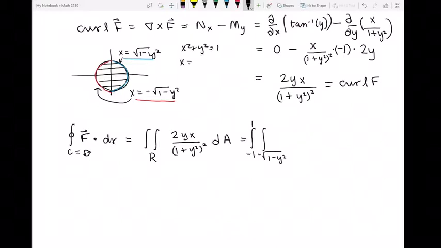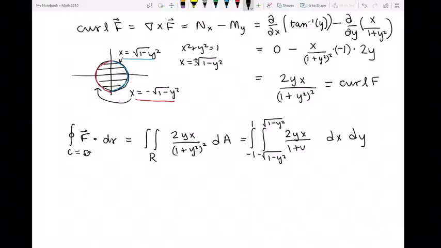So that means that x is equal to plus or minus the square root of 1 minus y squared. Sorry about the confusion on that. Okay, so that's a negative square root of 1 minus y squared, and this is going to be the square root of 1 minus y squared there. And I integrate first with respect to x, so I will have a dx, and then the last one is with respect to y, and my inside part here will just be the same.